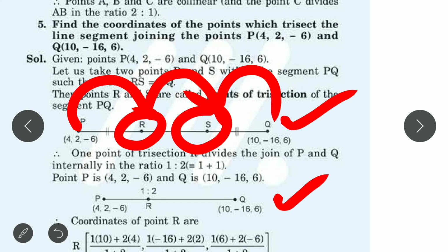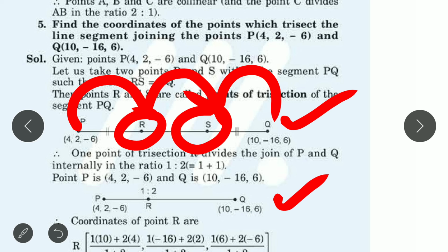Only we have made the point S disappear for a while. So point R is dividing PQ in the ratio 1:2. Because PR is 1 part, and RQ has 2 parts. So the ratio is 1:2.